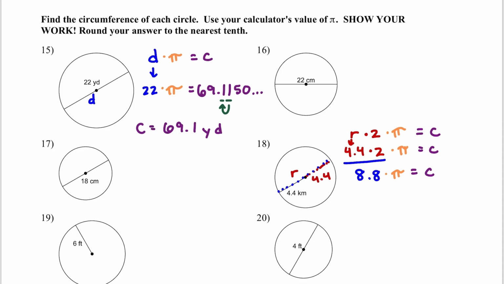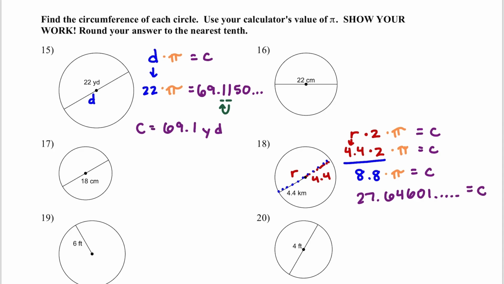You can do this in 2 separate calculations the way that I have done, where I did 4.4 times 2. I press enter in my calculator and I get 8.8, but we need to remember we're not done. Now I'm going to take that 8.8, multiply it by pi, and I am going to get 27.64601 and so many more decimal places.